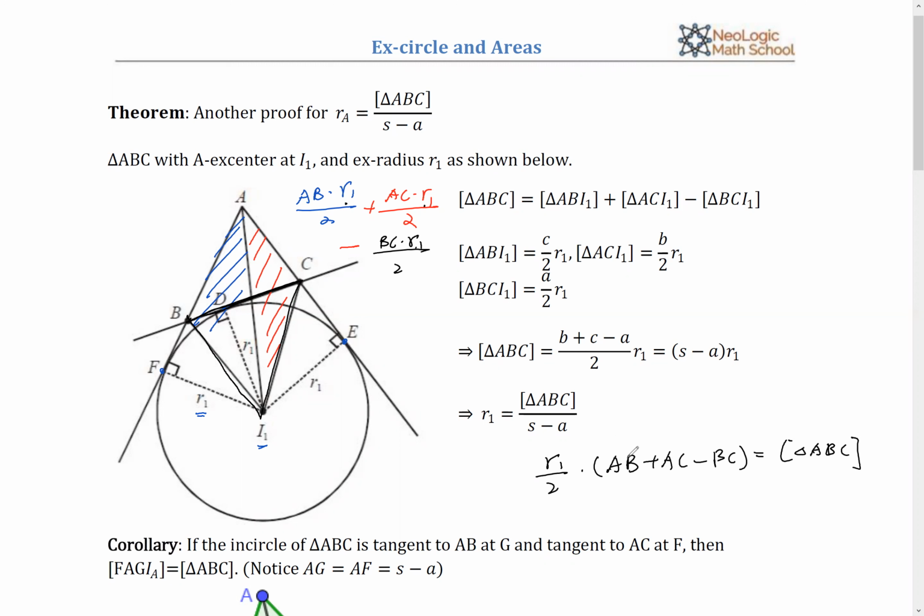All right, and then what is this? This is c + b - a. And if you take a closer look, half of (c + b - a) is exactly s - a.